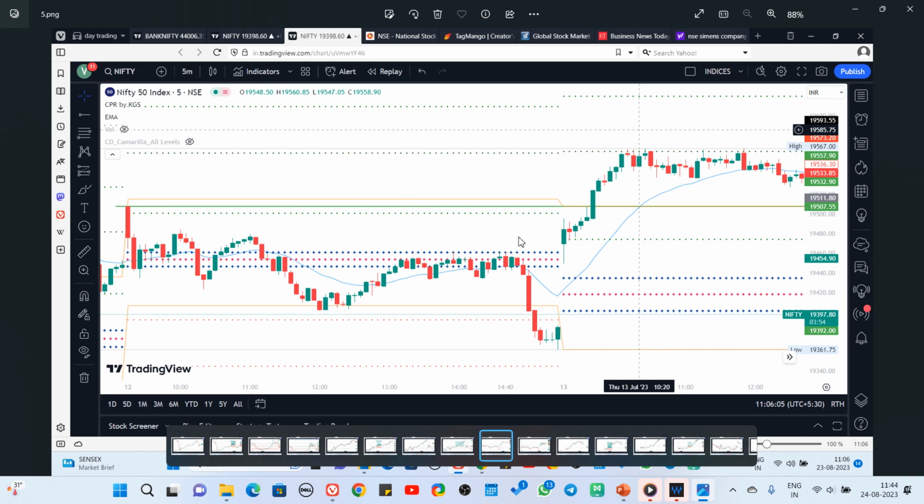You can wait until the next day for it to break that level. Okay, next day if it breaks that level, it has equal potential for great profits. For example, on this day there is no price movement at this area, but the next day there is a breakout candle.